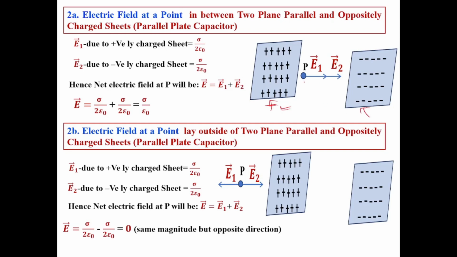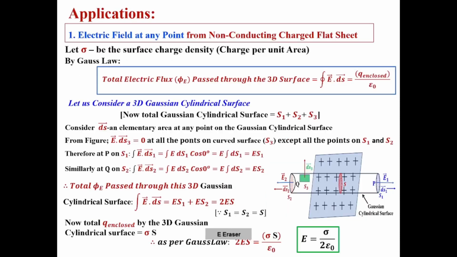If we put a unit positive charge over here, the electric field intensity direction due to this sheet will be along this direction, that means repulsion by this sheet and attraction by this sheet. So E1 represents the electric field intensity due to the positively charged sheet, and E2 is the electric field intensity due to the negatively charged sheet. And we just found that for a single sheet, the electric field intensity at any point has magnitude sigma by 2 epsilon 0.